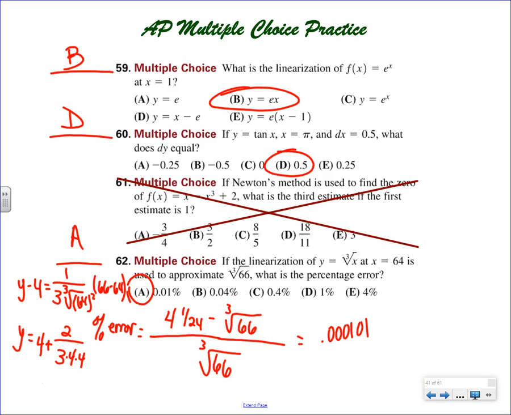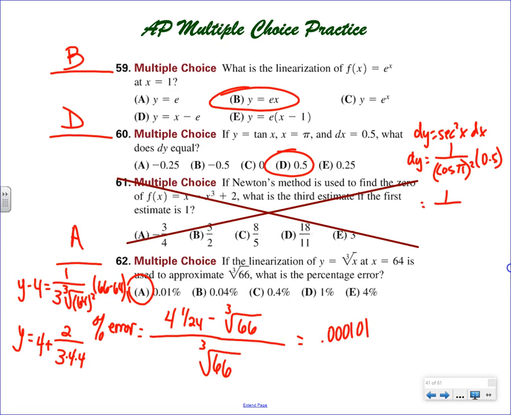Kiddos, how did the other ones go? Did you get B and D? Yeah. How did you get D for 60? Because you need to do dy is equal to secant squared x dx. So then dy is equal to 1 over cosine squared of pi times 0.5.